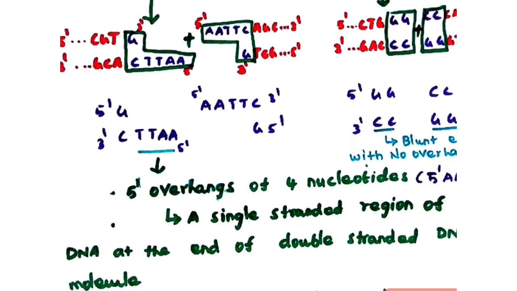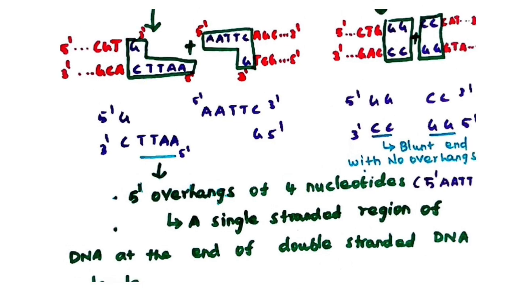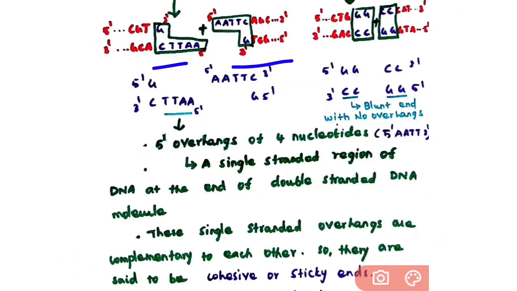Here you may notice that it has 5' overhangs of 4 nucleotides. An overhang means a single-stranded region. So TTAA, the last 4 nucleotides, is a single-stranded region of DNA at the end of a double-stranded DNA molecule. Both fragments have 5' overhangs of 4 nucleotides, AATT.